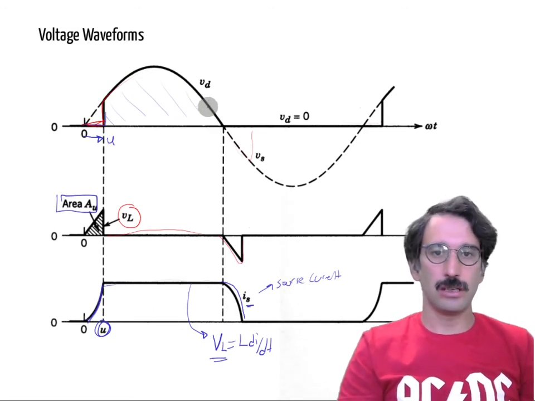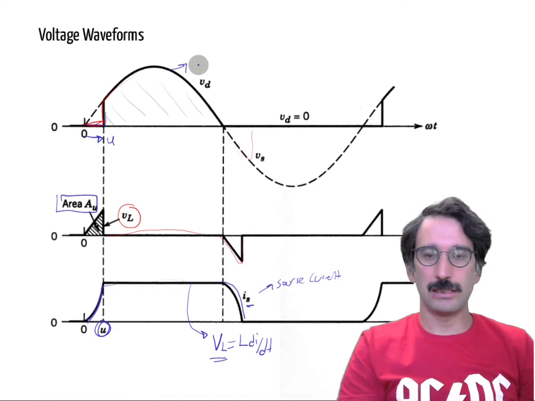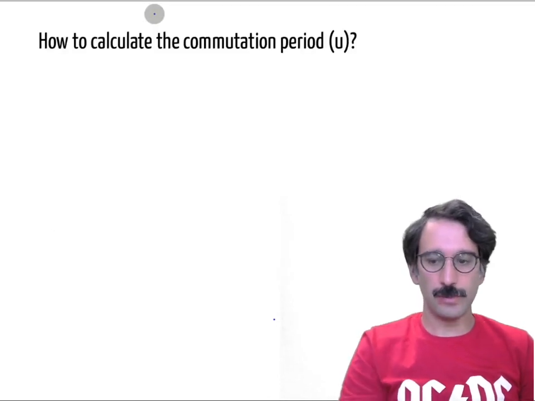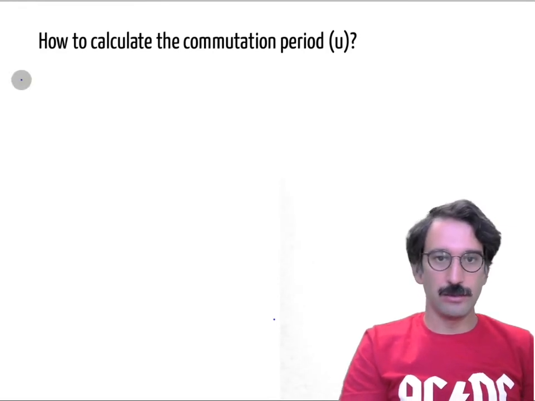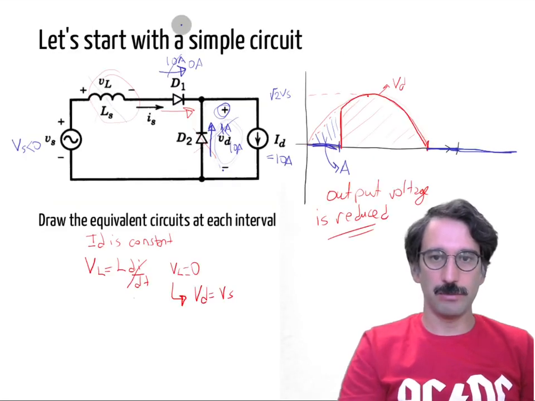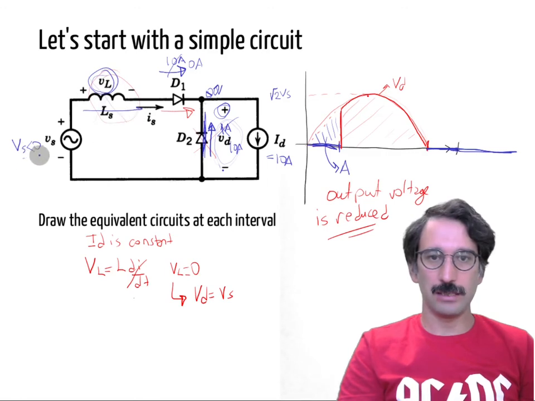So I would like to calculate both of those things, and remember that the VD voltage is square root 2 Vs times sine omega t, right? So let me write my square root 2 Vs sine omega t, and that is the same thing as, during commutation, remember, during commutation that one is on, so that is 0 volts, and basically my inductor voltage is the same as my source voltage.